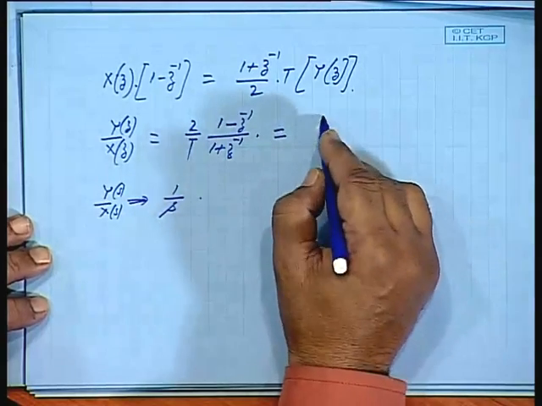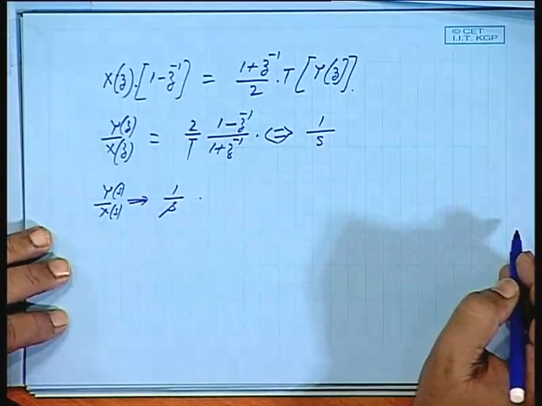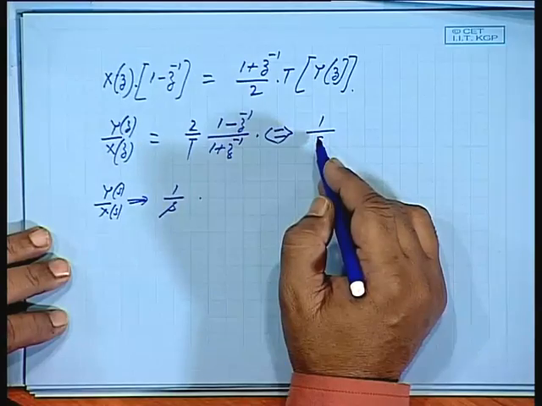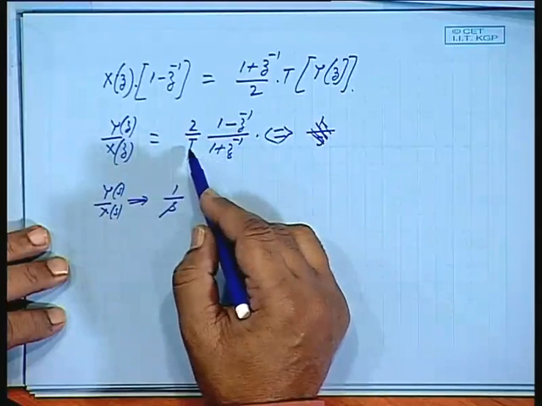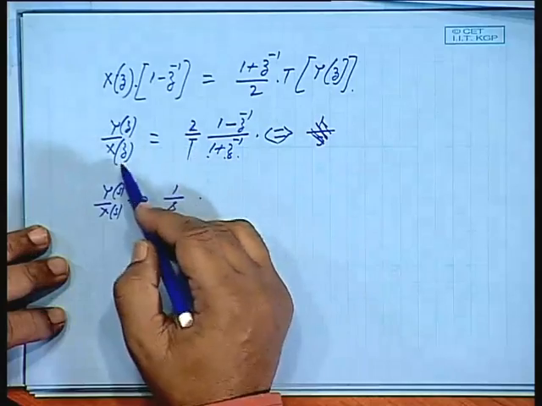So, this is equivalent to 1 by s. Is that all right? Is this okay? What have you done? 1 minus z inverse by 1 plus z inverse into 2 by t is y by x.